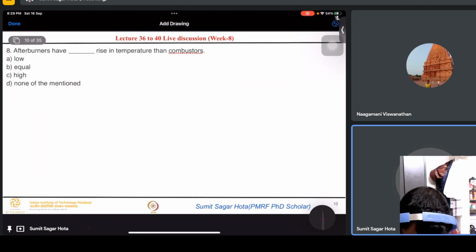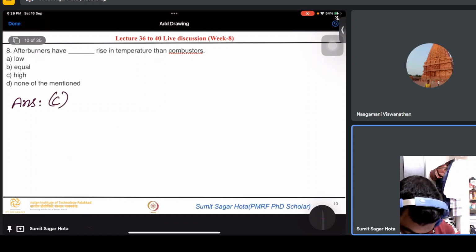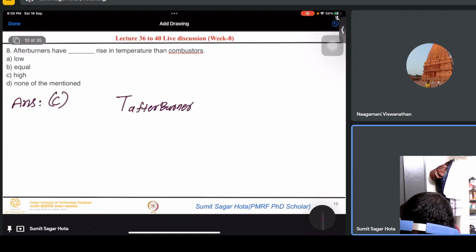Next, afterburners have dash rise in temperature than combustor. Obviously, afterburners have a high rise in temperature than combustor, and I will tell the reason. So T of afterburner is greater than T of combustor.